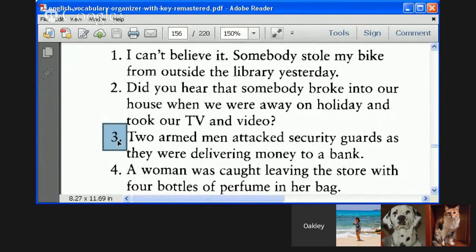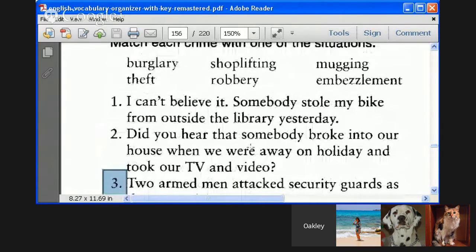Mauricio, number 3. Two armed men attacked security guards as they were delivering money to a bank. Which crime is that? Theft.